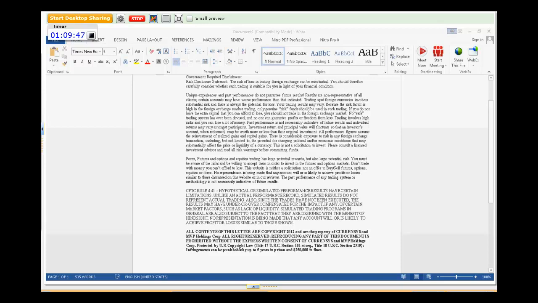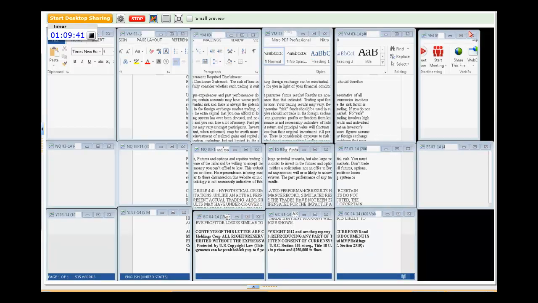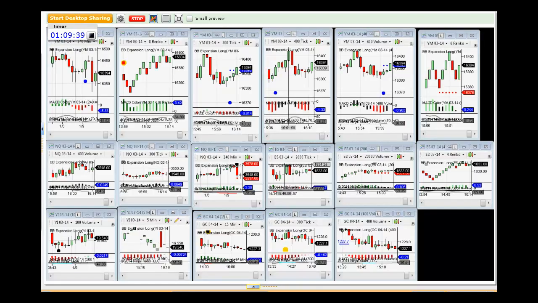So with that being said, I'm going to start with a little background of our system. The first time we sold any programs was back in 2005. I'm here to tell you that trading is not easy. It is risky.